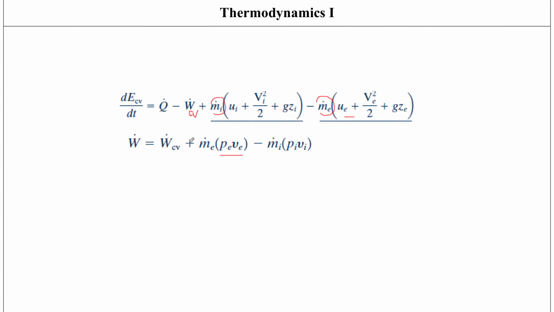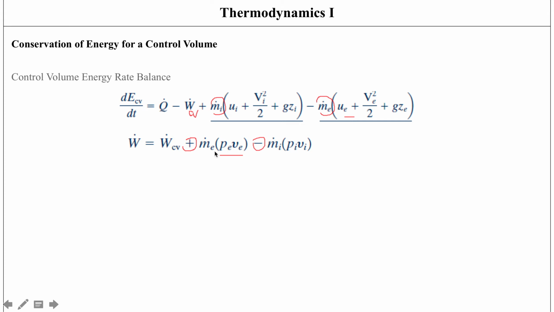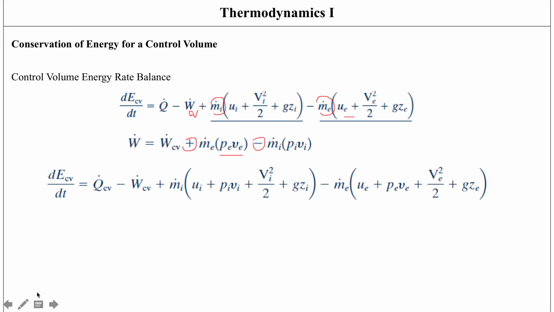The sign conventions are obviously going to change because this is minus w dot, so this is going to have a negative sign next to it, this is going to have a negative sign next to it, and this is going to be positive when it goes in there. So I'm going to be left with this equation here. m dot i into ui plus pvi.